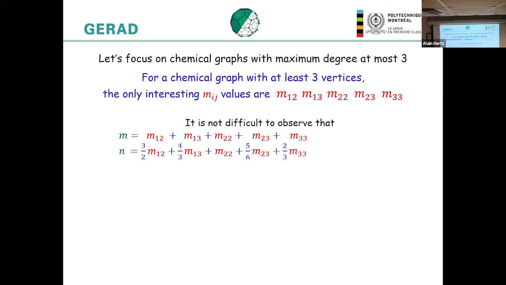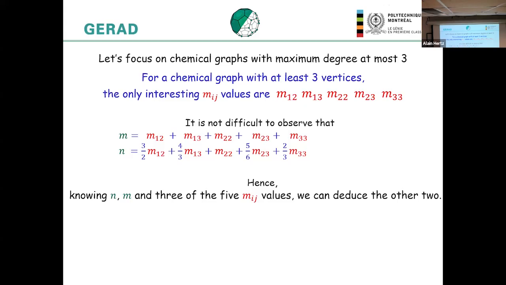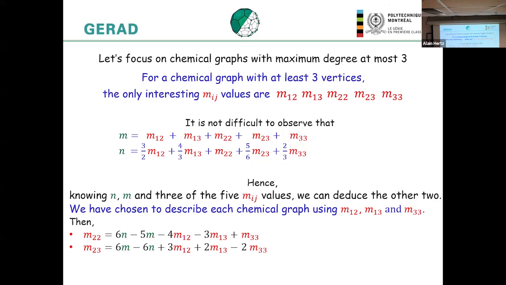We have decided to use only M12, M13, and M33. So M22 and M23, you can compute their values once you know the others, and knowing n and m, you can easily get them.